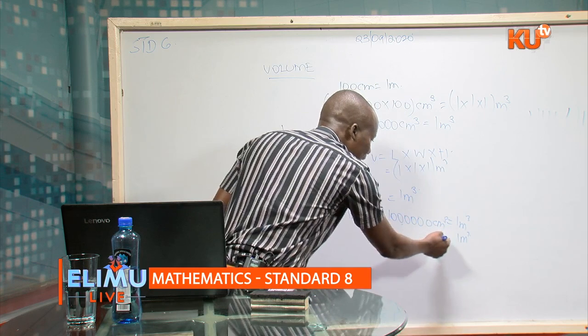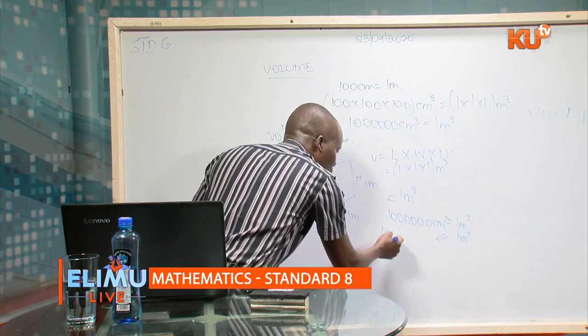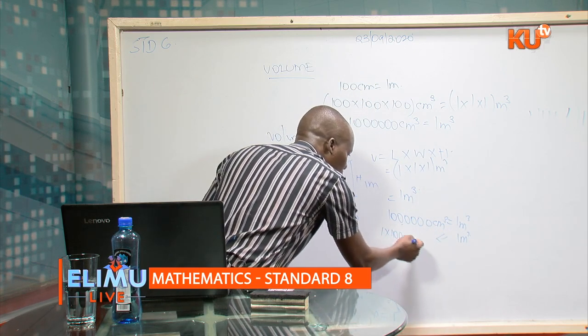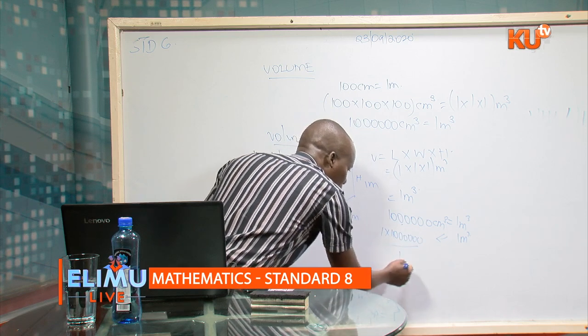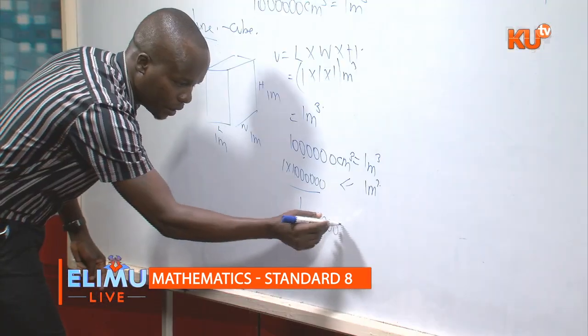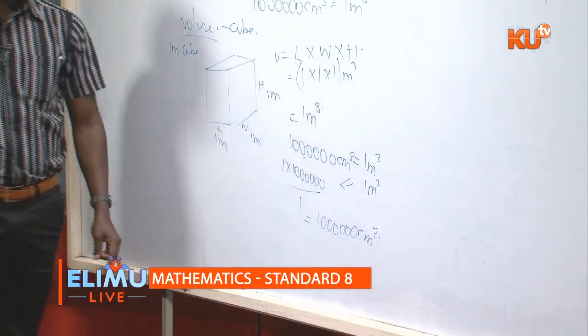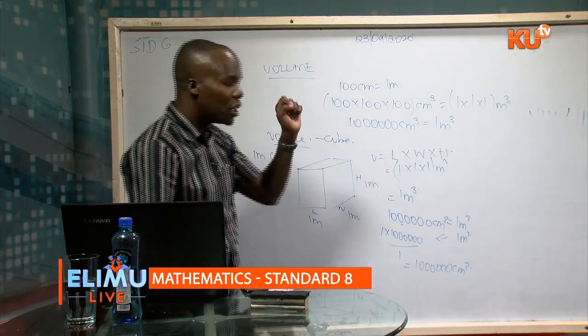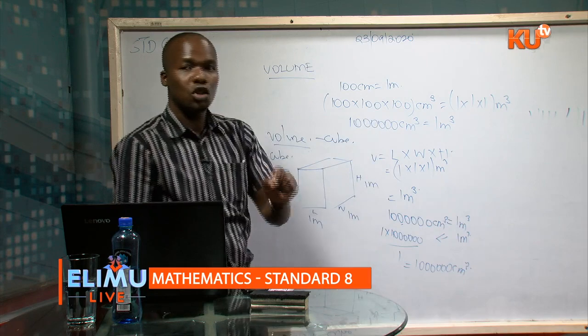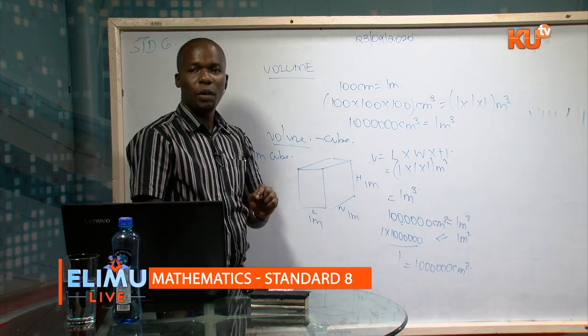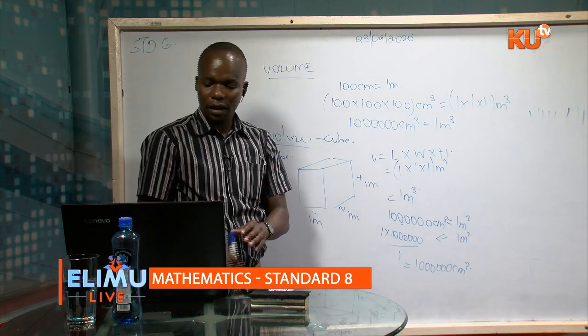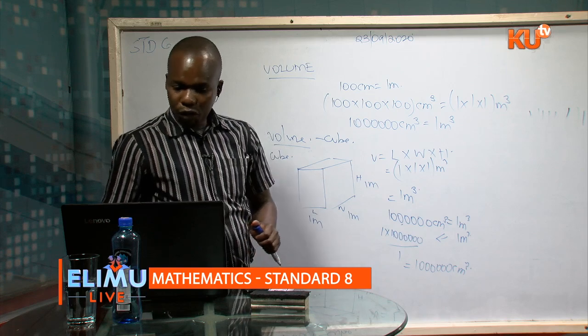We'll have it as 1 times 1 million over 1, which is just 1 million cubic centimeters. So 1 million cubic centimeters is equal to 1 cubic meter.